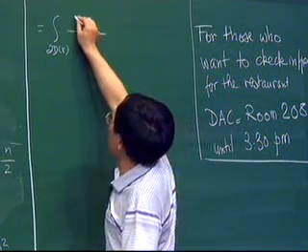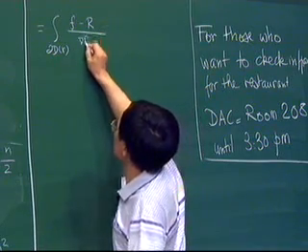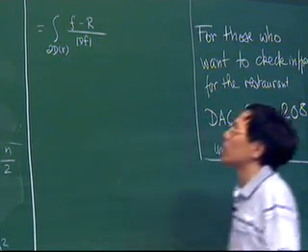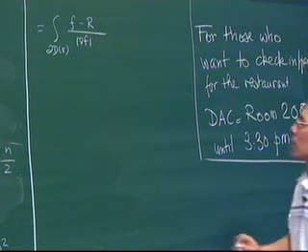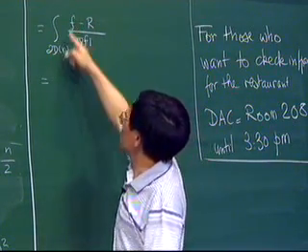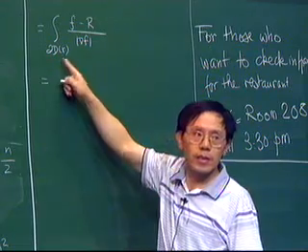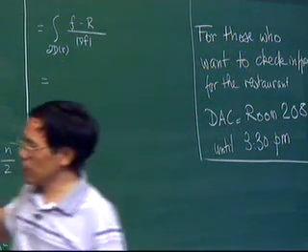We have f minus r gradient f. So we have here f on the boundary. We need the gradient f here.